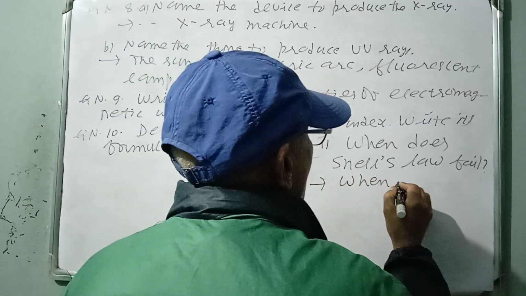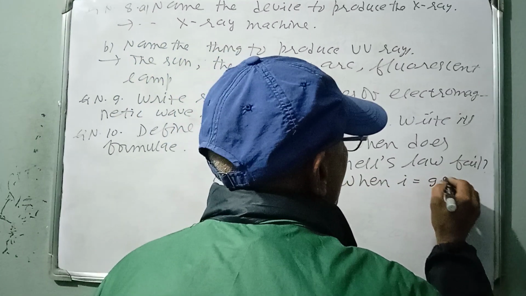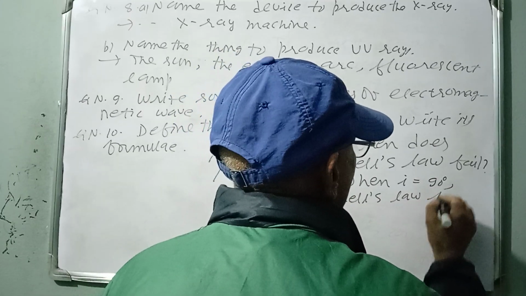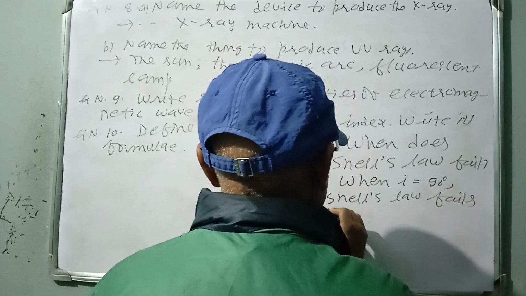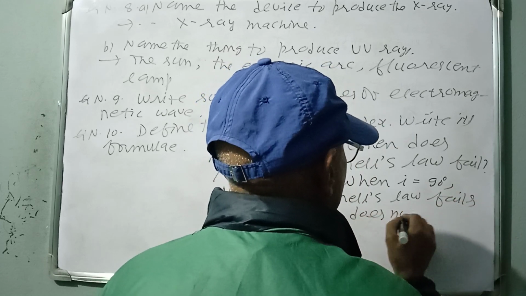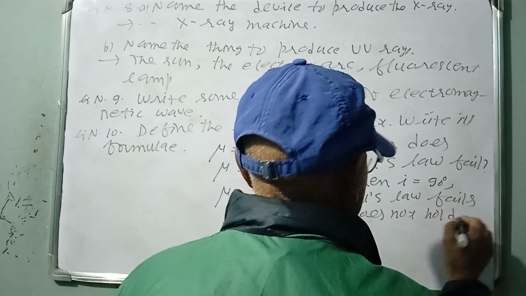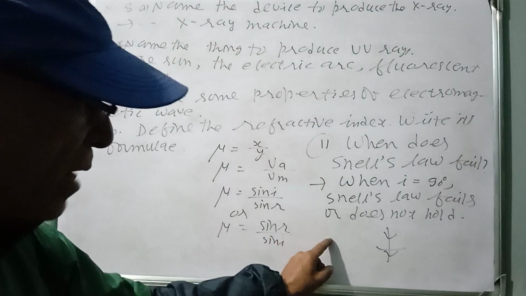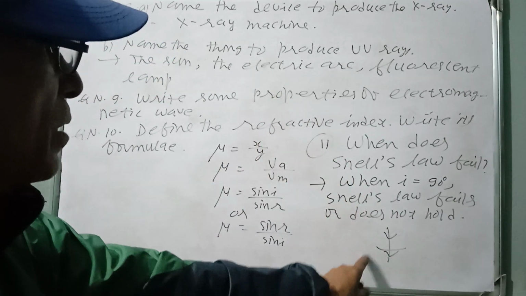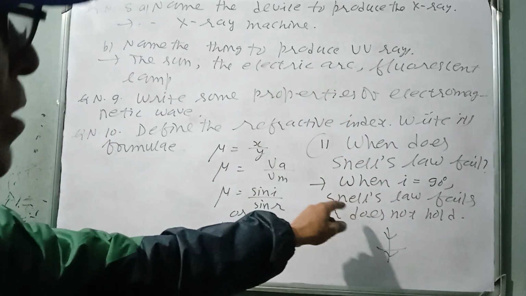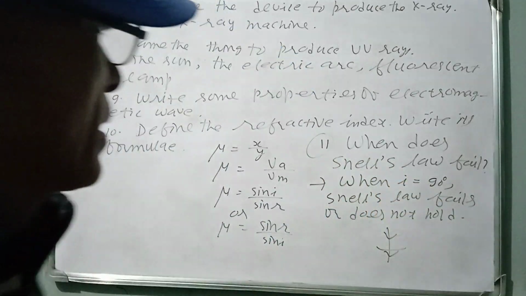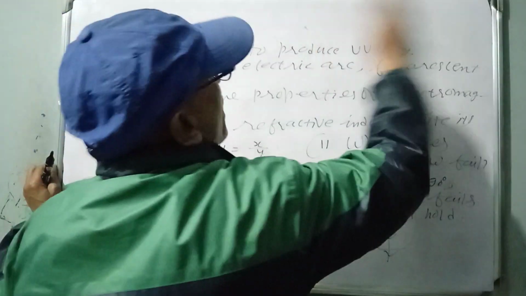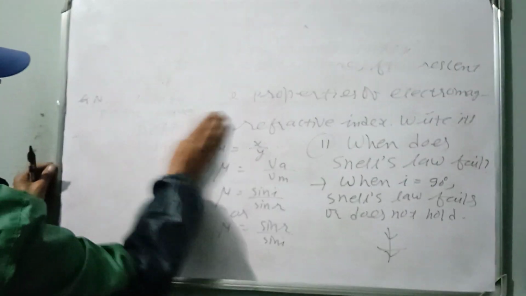When I equals 90 degrees, Snell's law fails or does not hold. When I equals 90 degrees, then r is also 90 degrees. At that condition only, Snell's law fails. Otherwise, no. Question number 11. Question number 12, possibly the last, and numerical.